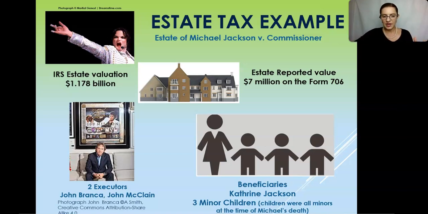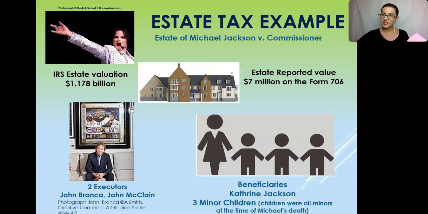And John Branca, who is actually a brilliant attorney who was named as one of the executors in Michael Jackson's estate, is kind of a visionary in this regard. He saw the capacity for the estate to generate a ton of revenue. But at the time of Michael Jackson's death, he was very near insolvency. His estate was hundreds of millions of dollars in debt.